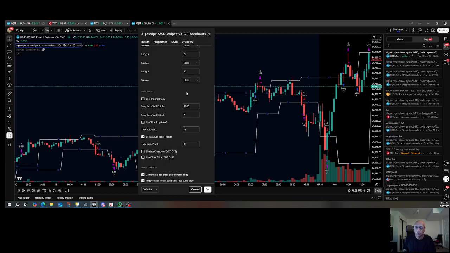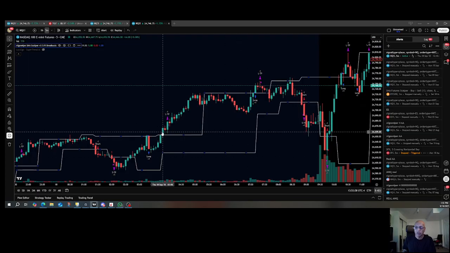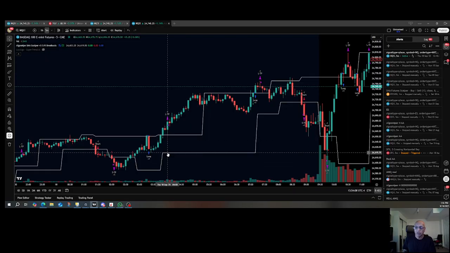For example, this one here, let me get rid of this. What your loss would have been is very simple. This is built into the algo. If you didn't take it on your own, it would close the trade here, as soon as it broke this.